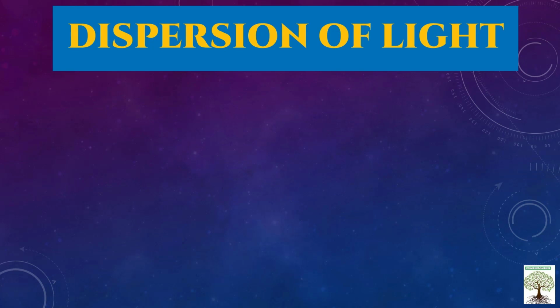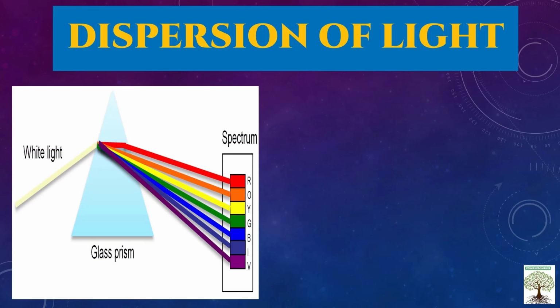Next property is dispersion of light. What is dispersion? The white light of the sun is actually made up of 7 colors. Not only the sun, any white light is made up of 7 colors. So visible light can be split into 7 colors, that is VIBGYOR: violet, indigo, blue, green, yellow, orange and red. The formation of a rainbow also takes place due to splitting of light.